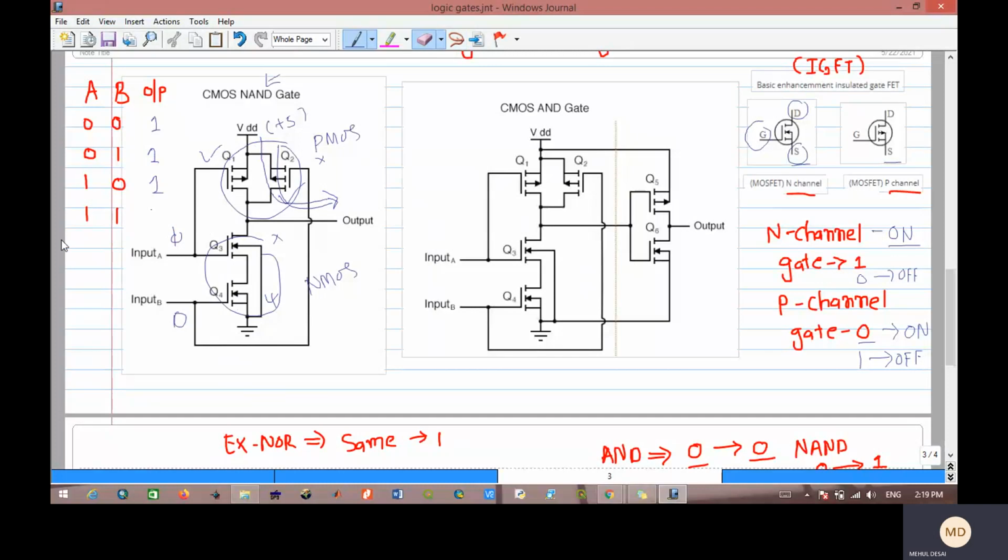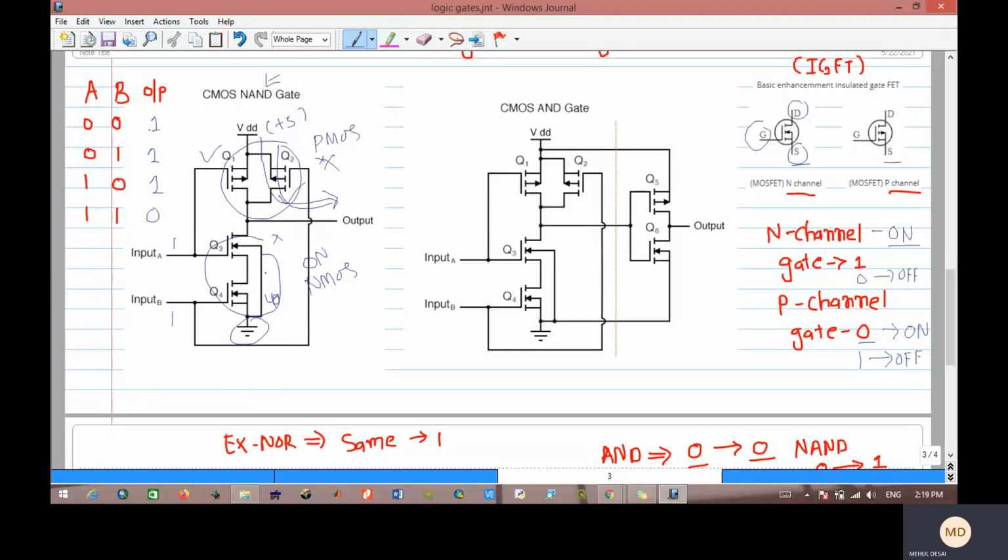And when both are 1 1, at that time both NMOS are on because we apply the value 1. Because of this 1, both PMOS are off. So the NMOS gets no VDD, and the output we get is the ground value. Ground value means we get the output 0.